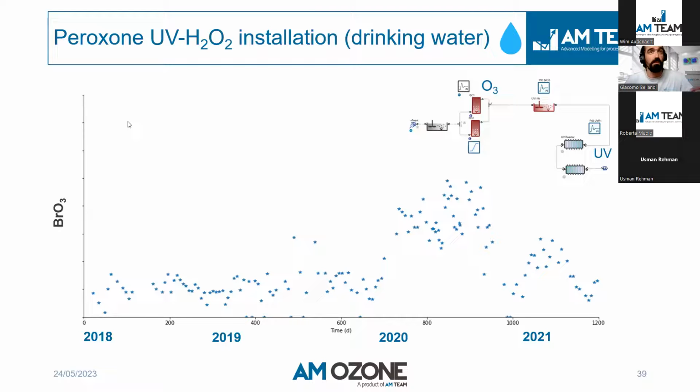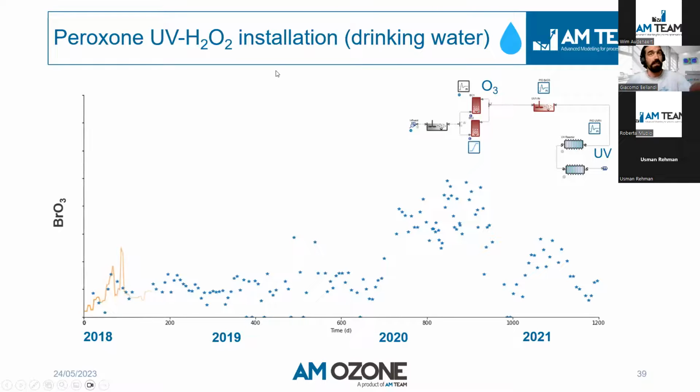The AMOZONE was implemented in this installation, in which the water gets in, it gets treated with ozone plus peroxide, so a peroxone process, and then the water follows to the next treatment, which is a UV treatment, UV peroxide, for the final treatment and removal of the micropollutants.